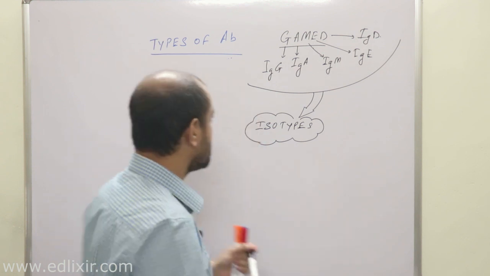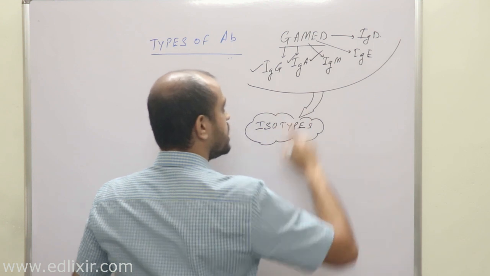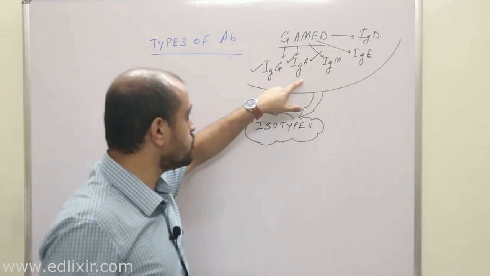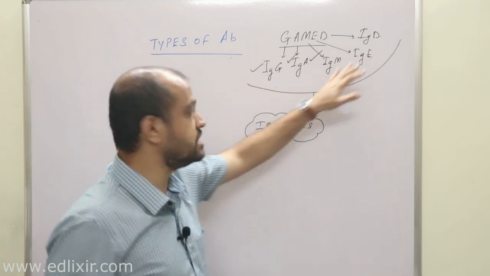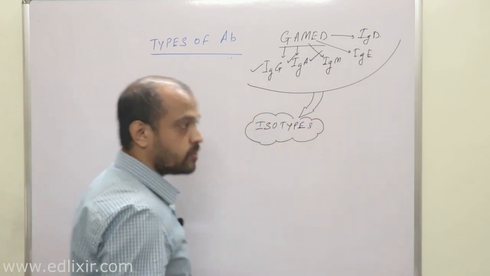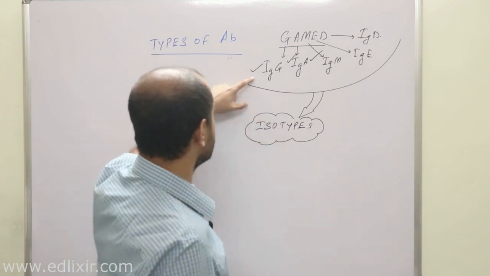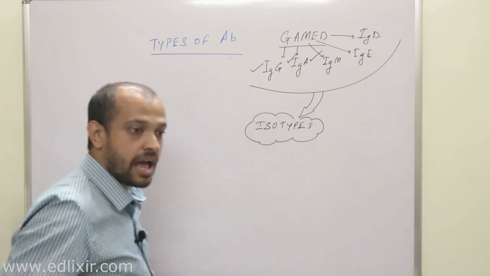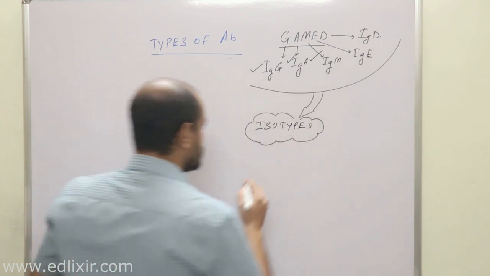That means IgG is different with respect to IgA, and IgA is different with respect to IgM. Each and every immunoglobulin or antibody, which are isotypes, are actually different. What is the difference in these antibodies? Don't tell me that they perform different functions. I know that, but the basic difference between these 5 antibodies is in the amino acid sequence of their heavy chain.